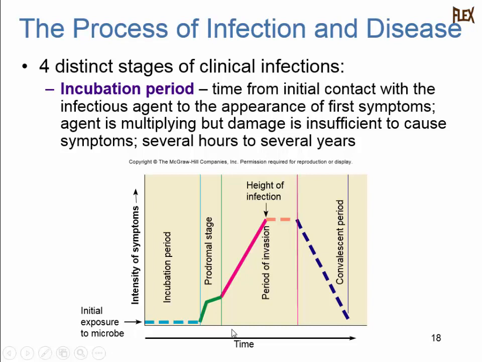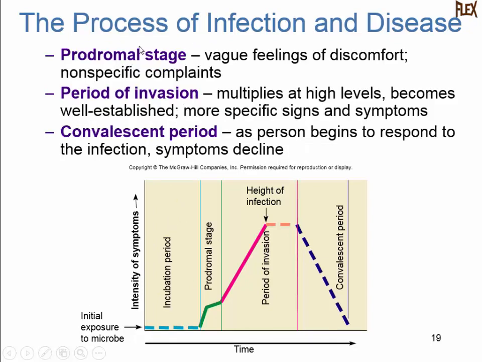So in the incubation period, we have very few symptoms. You just kind of feel a little off, and you don't actually know what's going on at this stage. In the prodromal period, however, you have much more vague feelings of discomfort, and this is when you are starting to notice that you're actually sick, but you don't have a distinctive symptom.